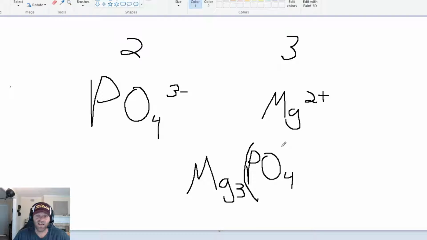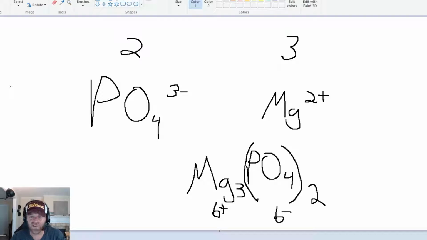For phosphate, I need to signal that I want 2 whole polyatomic ions, so I put it in parentheses and do that 2 there. Now if I go back and figure out the charges, it's 3 times 2 plus, that'd be 6 plus worth of charges there. 2 times 3 minus will be 6 minus worth of charges on the phosphate.